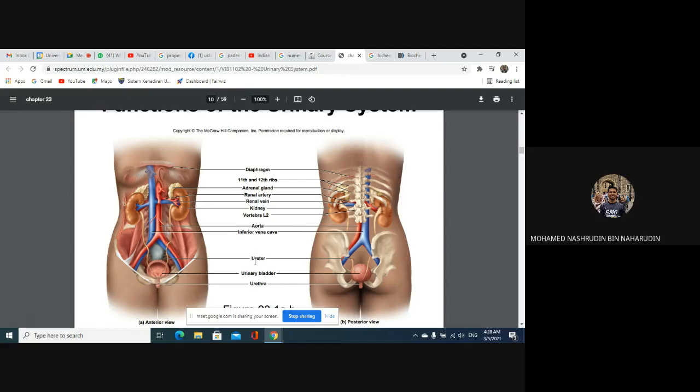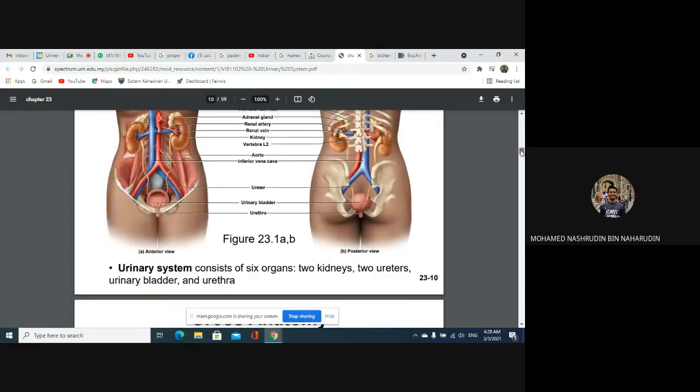And then the ureter. The ureter is a tube between the kidney and the urinary bladder. This is the urinary bladder, and the urethra. The urethra in a woman is just short, and for men it's a bit longer, way longer.